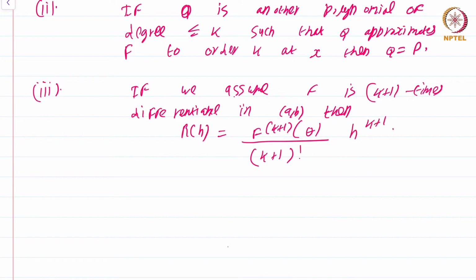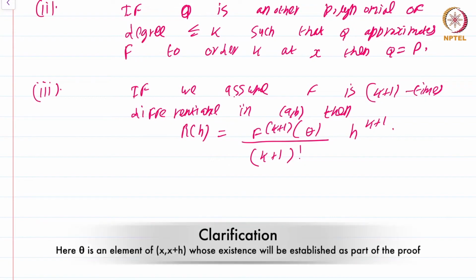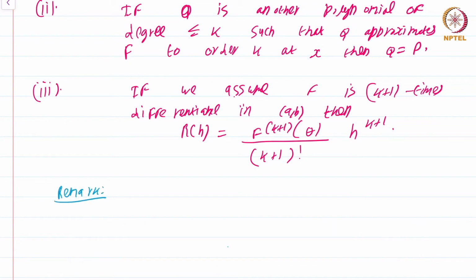You can write an explicit expression for R of h. Let me immediately make a remark. This is known as Lagrange form of remainder, and it is very useful.